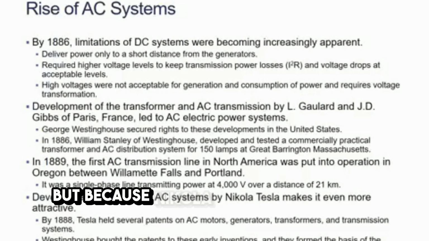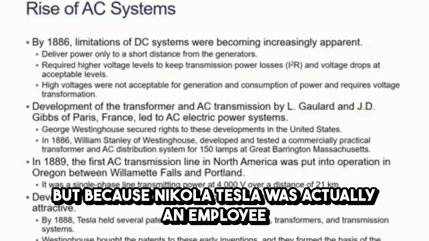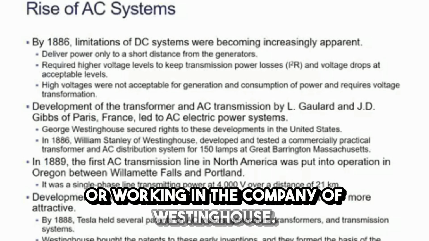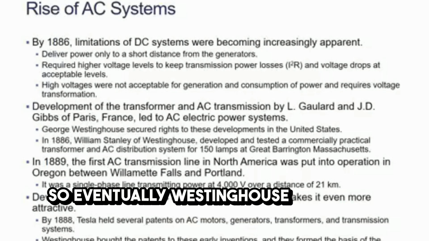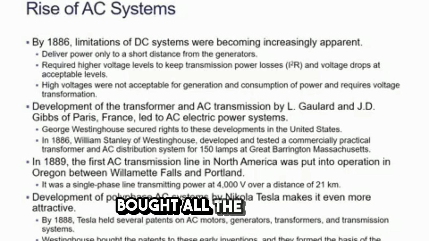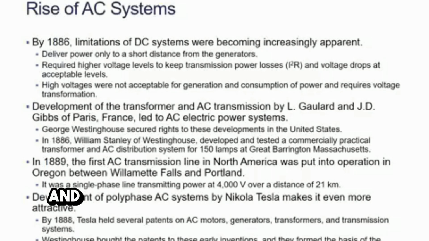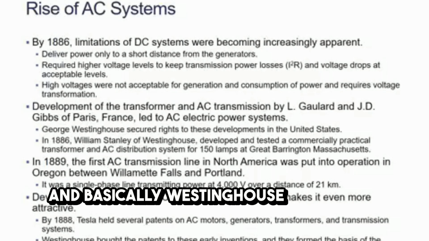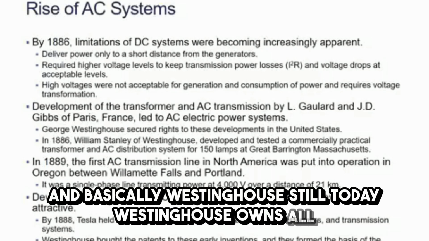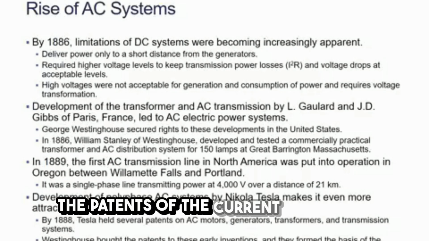But because Nikola Tesla was actually an employee working in the company of Westinghouse, eventually Westinghouse purchased all the patents. And basically, till today, Westinghouse owns all the patents of the current AC system.